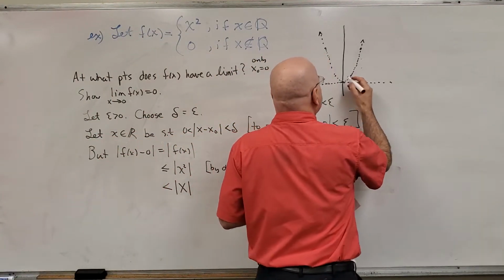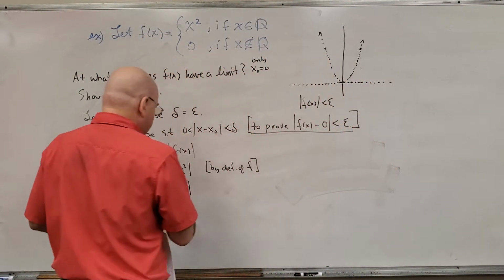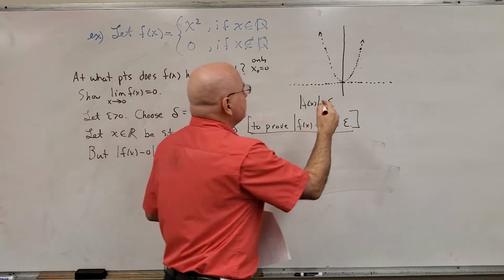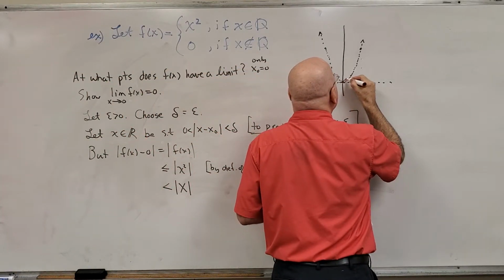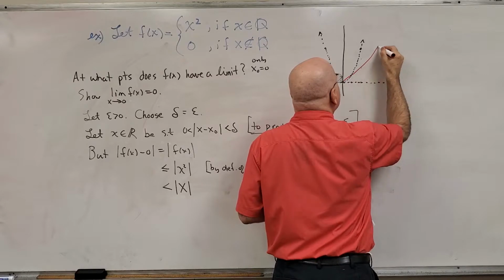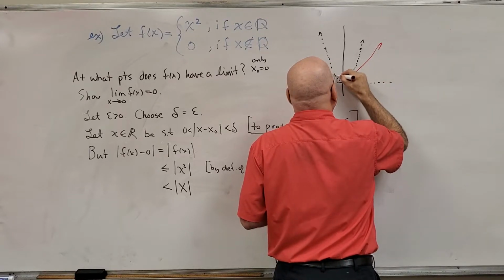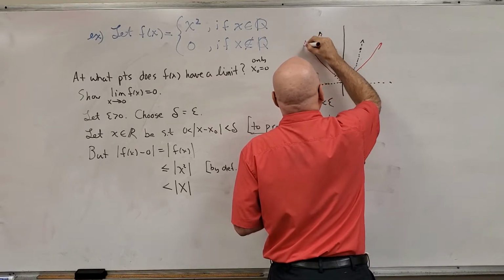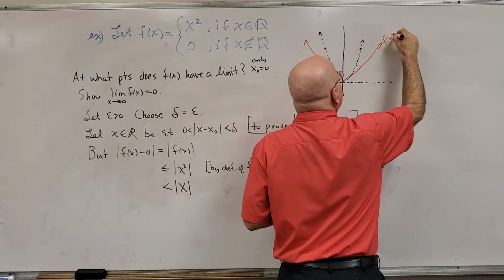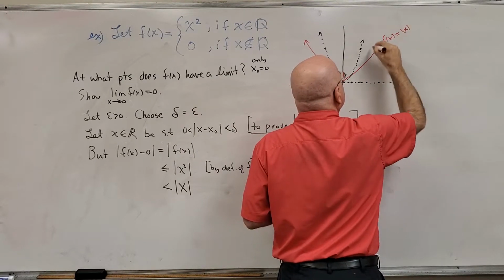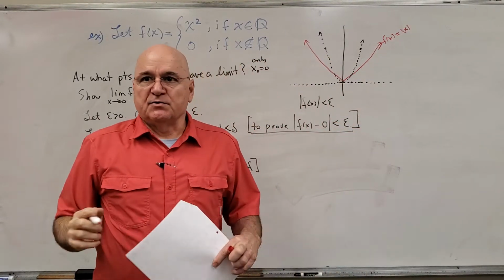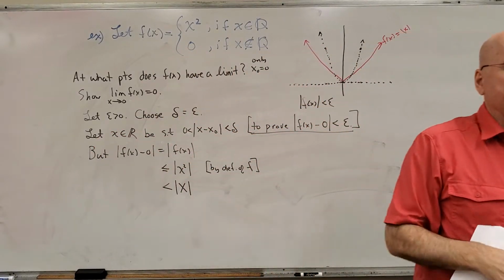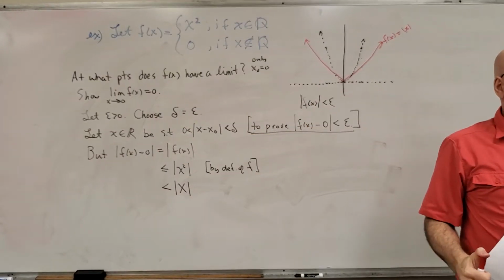The graph of the absolute value of x looks like this. So true or false? X squared is less than or equal to the absolute value of x?